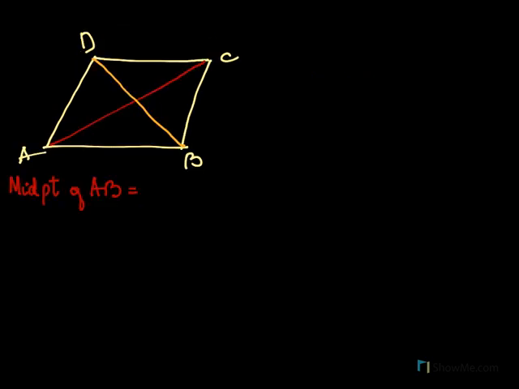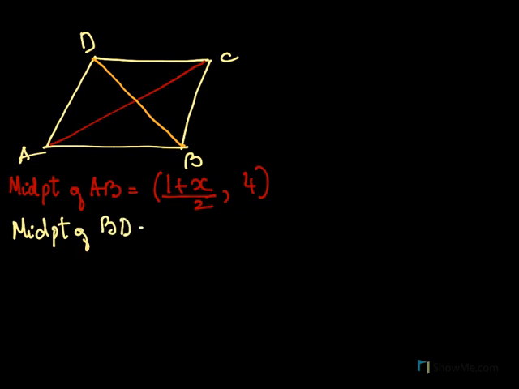Now if we go back, we found the midpoint of AC is (1 plus x) by 2 and 4. And the midpoint of BD, we found it as 7 by 2 and (5 plus y) by 2.